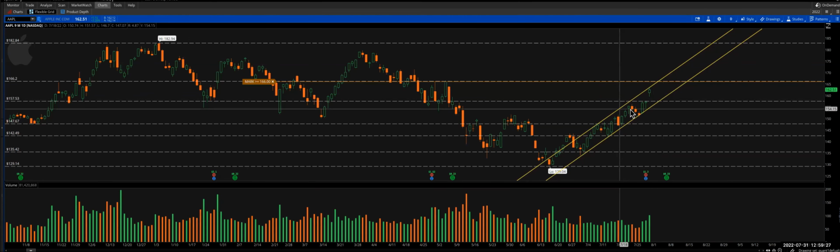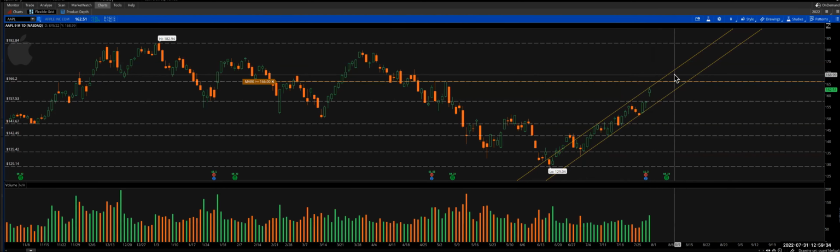Because Apple's in the top 100, when Apple makes big movements, the E-mini and the SPY are going to make some movements too, because they're correlated.